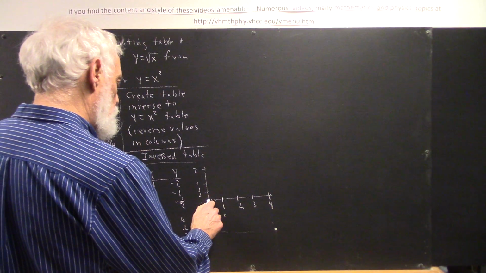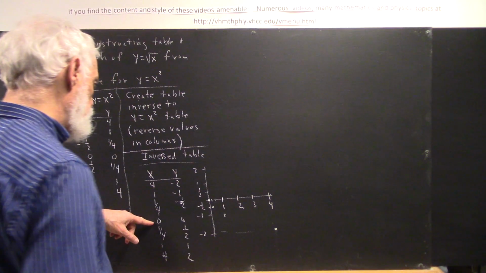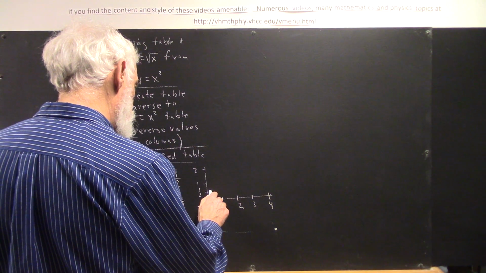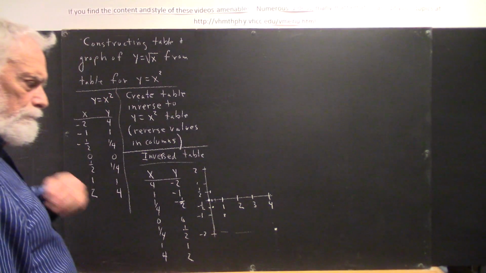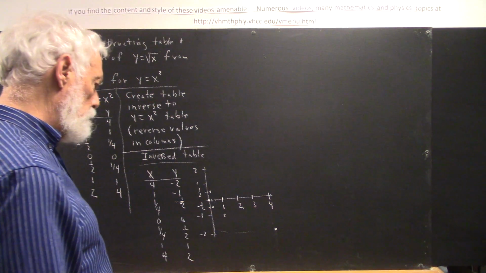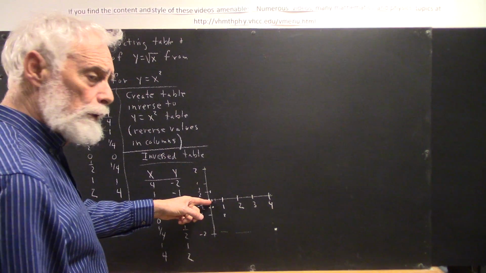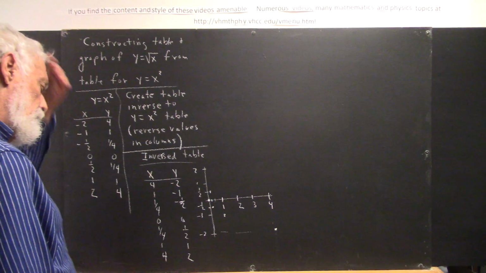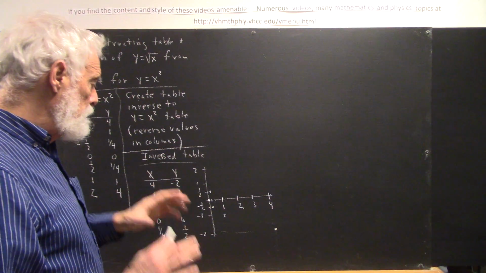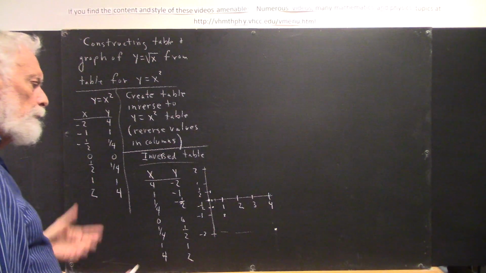And when x is 0, y is 0. Then when x is 1/4, y is 1/2. Now that should draw our attention. We just said when x is 1/4, y is -1/2. Now we're saying when x is 1/4, y is 1/2. And if we're going to get a function, that can't be. Okay, we'll deal with that in a minute.